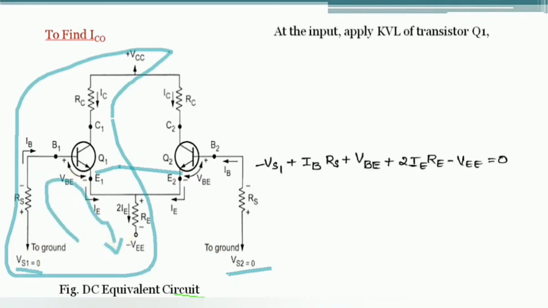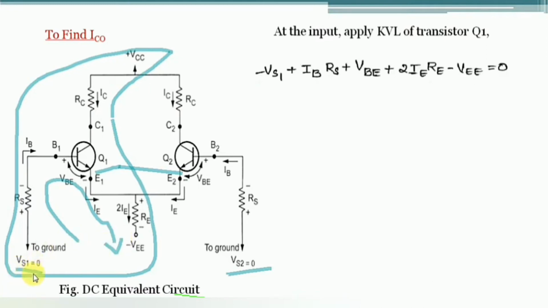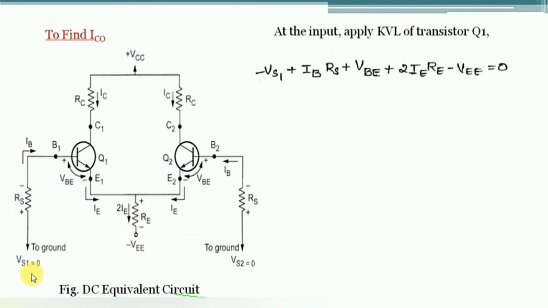If you apply the equation, it is minus VS1 plus IB into RS plus VBE plus 2IE into RE minus VEE is 0. From the basic definition of DC analysis, we know that the AC signals VS1 and VS2 are 0. So simply substitute VS1 as 0. From the relation of collector current and base current, we know that IC is beta into IB.